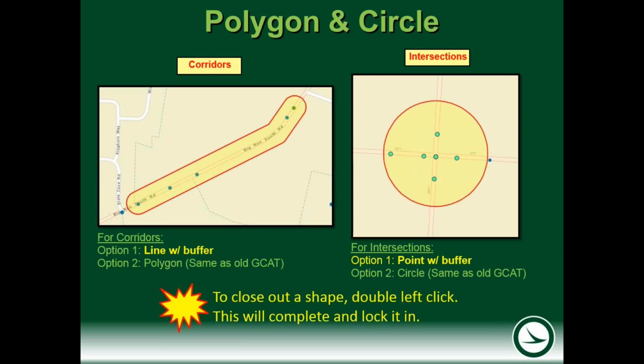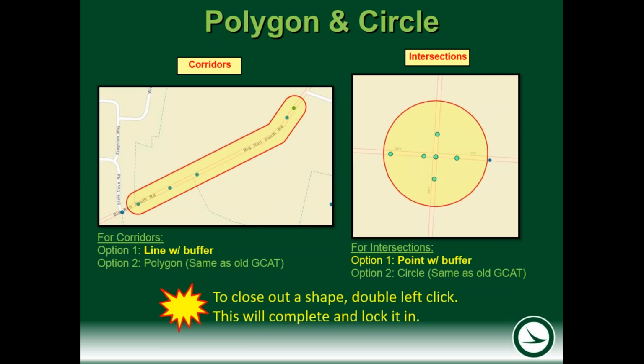You can see how it's a uniform buffer surrounding the roadway. I'll show you some benefits of that when I do an example of a corridor in the tool later. But we still have the option, if you like, to draw the shape manually with the polygon feature.